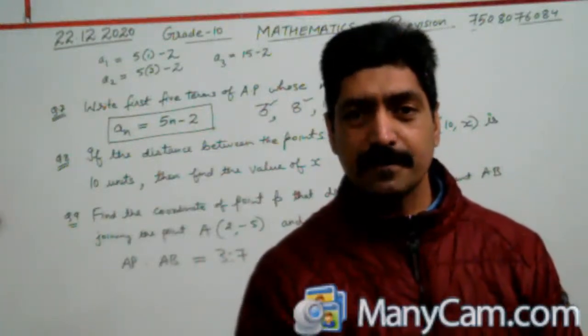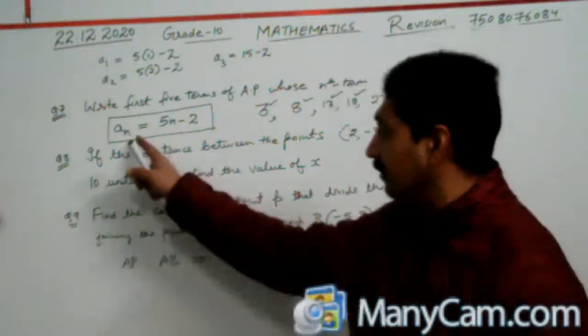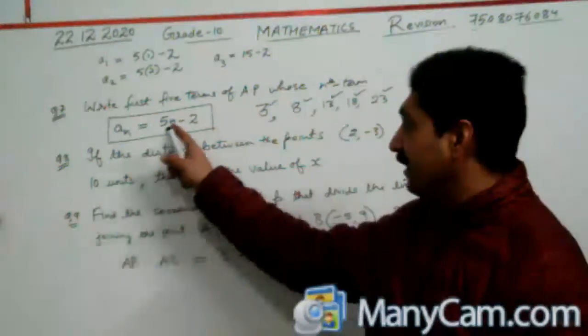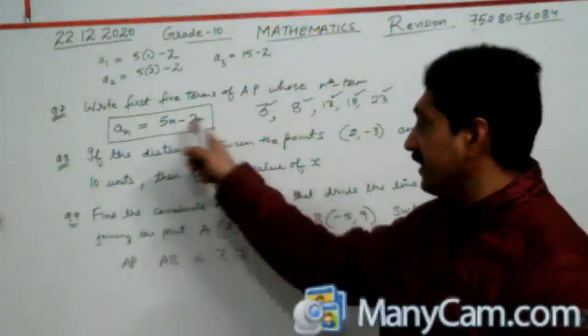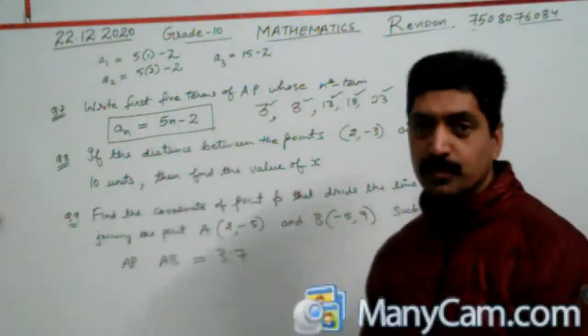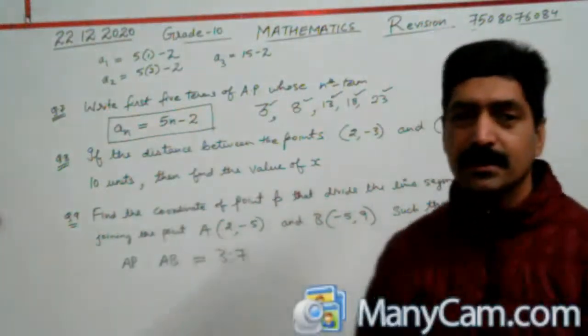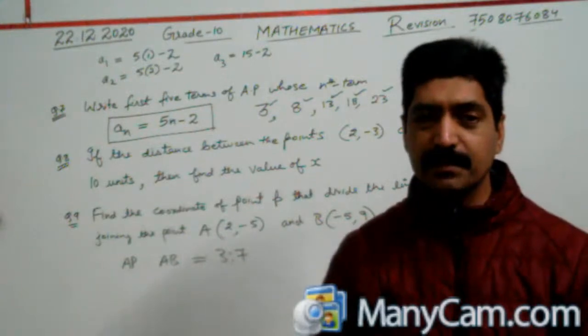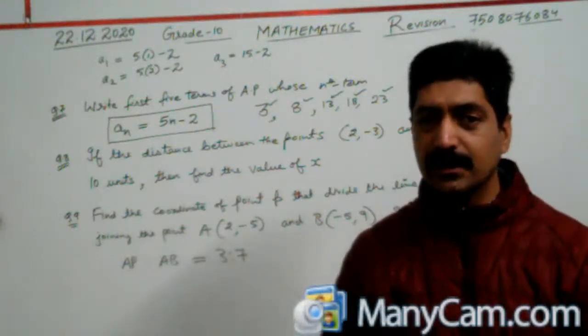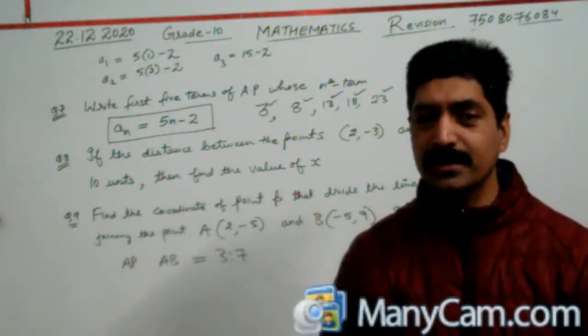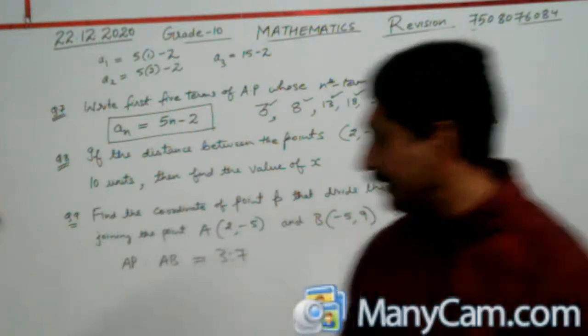Here is the formula for the nth term, 5n minus 2. For this AP, we can write 5n minus 2. So the first term is 3, second term is 8, then 13, 18, 23, and so on, right?